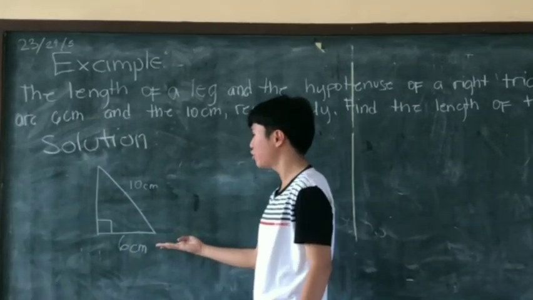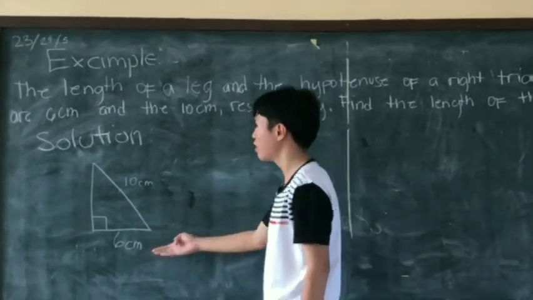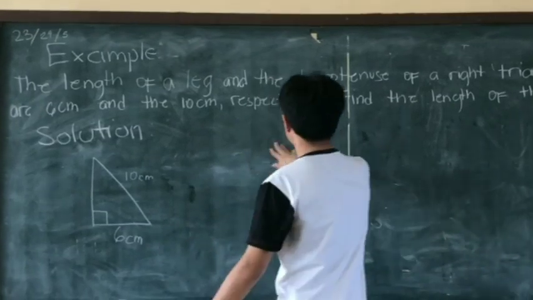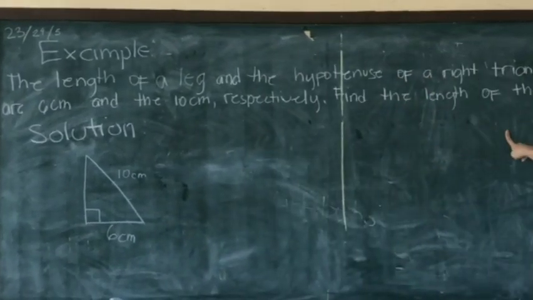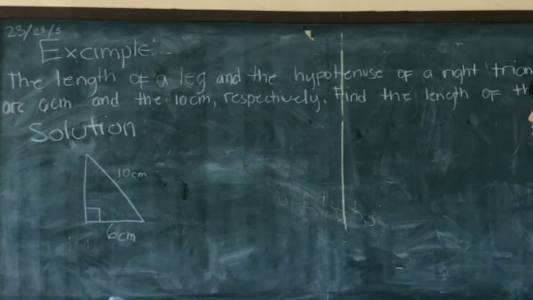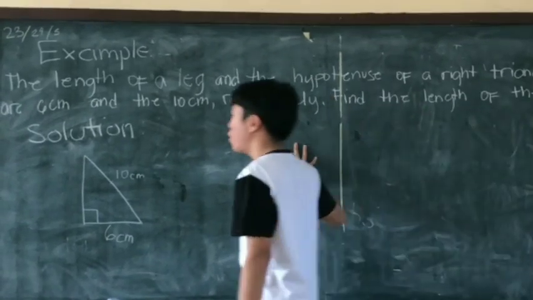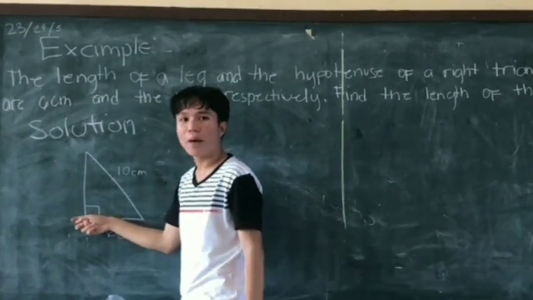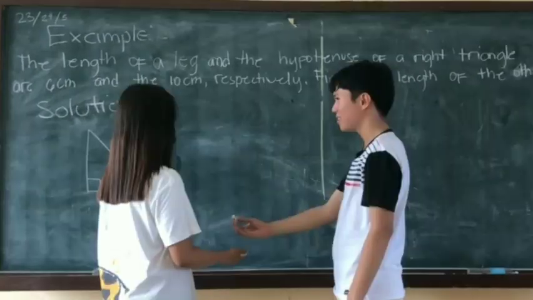Here's the demonstration of the right triangle. In said question, we're going to find the length of the other leg, so we're looking for the opposite side of the triangle.